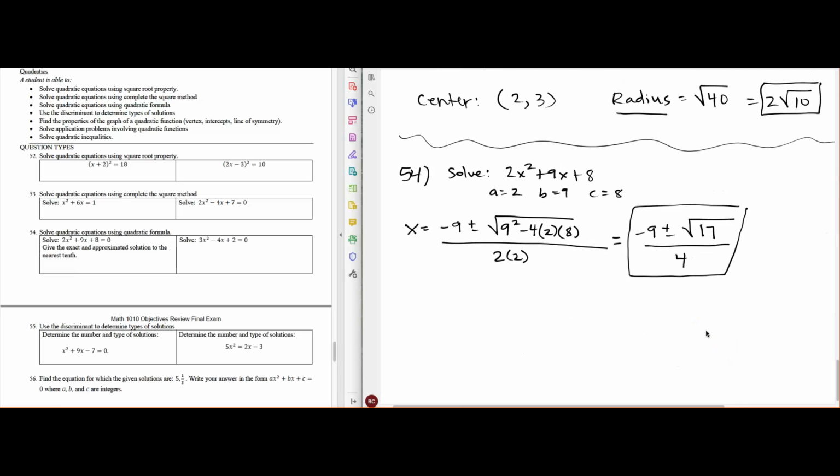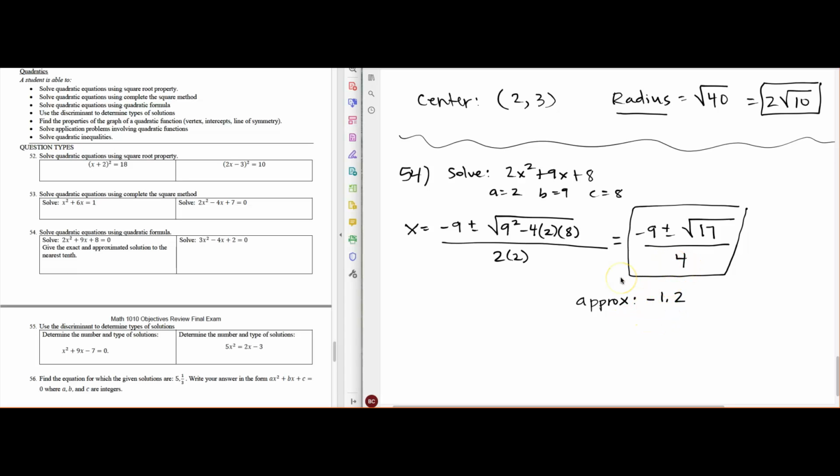But if it asked you for the approximated ones, rounding to the nearest tenth, right? So you're going to do negative 9 plus the square root of 17 divided by 4. And so I get a negative 1.2, right, for one of them.